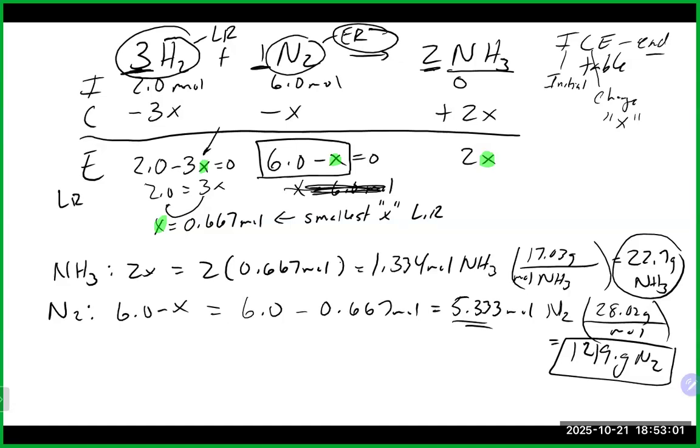Yeah. So this ice table approach is a really good approach because you can very quickly, as soon as you figure out that X value, figure out how much product you have. In the case of this one, we only had one product, but we could have had 2 products, which means I could very easily figure out how much of each product I produced. I could also very quickly go back and figure out how much of my excess reagent is left over.